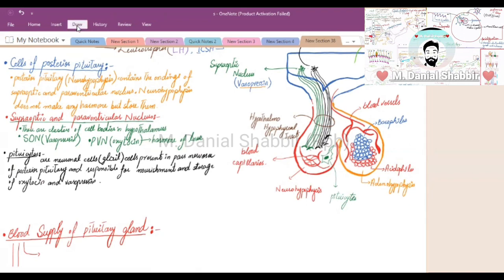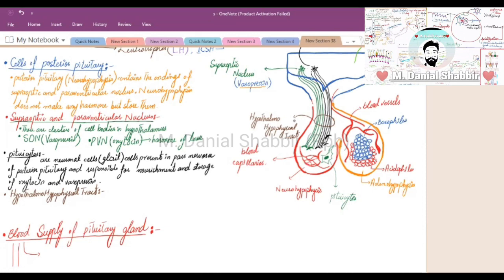Okay. Now come towards another thing, that is the hypothalamo-hypophyseal tract. As you people already know, it is a bundle of neurons in the central nervous system. As you can see in this diagram, this is the bundle of neurons that I have shown. Hypothalamo-hypophyseal tract means it is a bundle of nerves or neurons, so that's what is known as a tract.